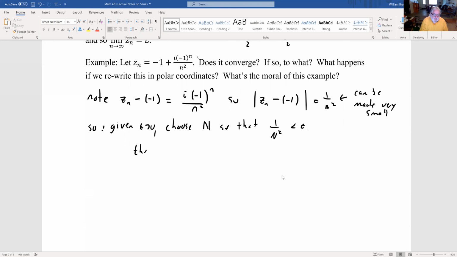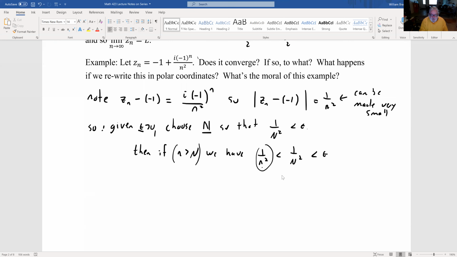Then if n is bigger than N, we have 1 over little n squared is less than 1 over capital N squared, and that's all less than epsilon. So what we've shown is that if you pick any epsilon greater than 0, you can find an integer, capital N, so that if you pick any number bigger than capital N, this number is less than epsilon.